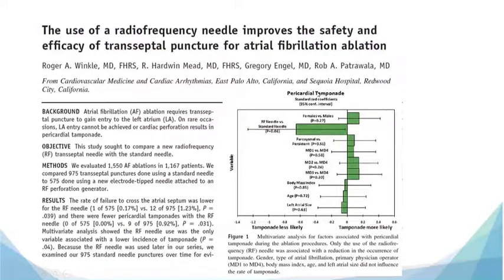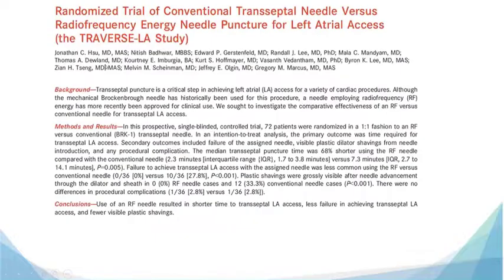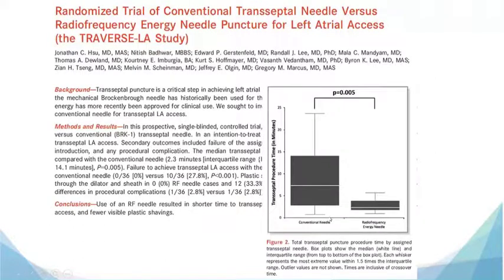or at least, as you see here in a prospective randomized study, the authors demonstrated that this kind of RF needle shortens the time to transseptal left atrial access with less failure in achieving transseptal left atrial access.